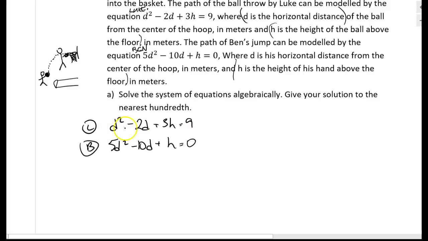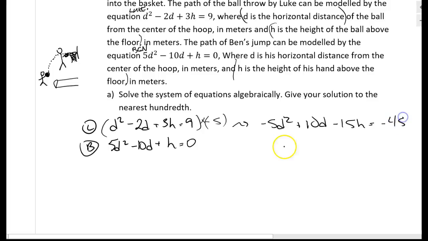So I'm going to multiply this equation by -5 so that I change my signs and I get matching coefficients for all my d values. So now I've got -5d squared plus 10d minus 15h equals -45.